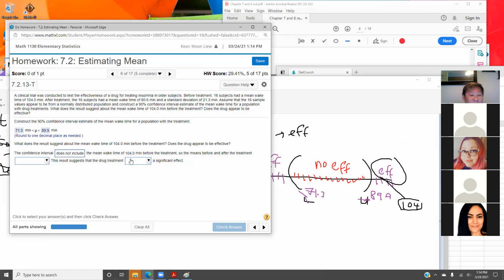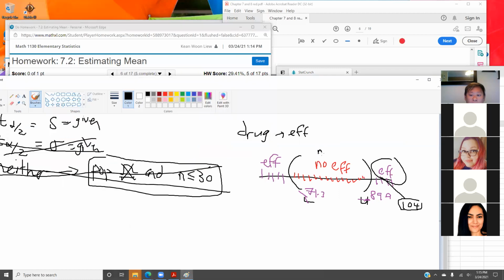So we know the mean before and after the treatment is the result of the drug treatment having effects. When you have no effects, there is no difference, and this one has a difference, because they are different.